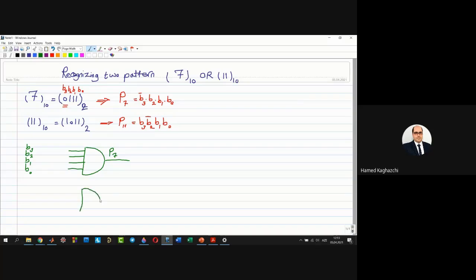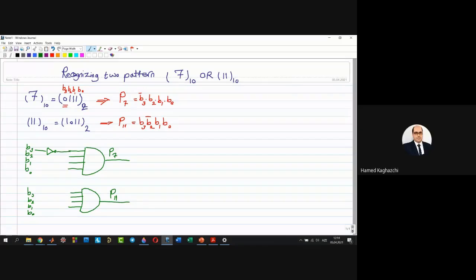And for P11, again I have B3, B2, B1, and B0. Now, according to the equation, I know that B3 has to be converted. How can I convert it?